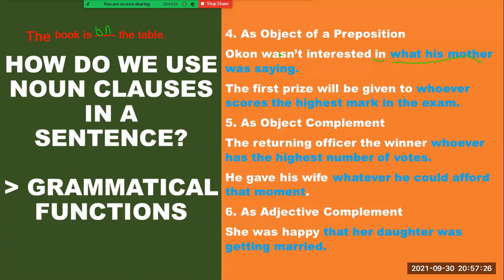So what indicates the relationship between these two things is the preposition in. And then the object of this preposition is this noun clause. That's the object. All right. Now let's look at the second example. The first prize will be given to whoever scores the highest mark in the exam.